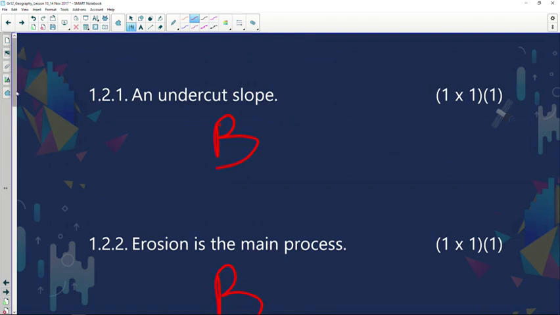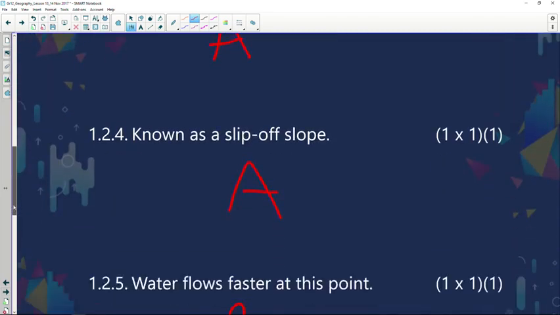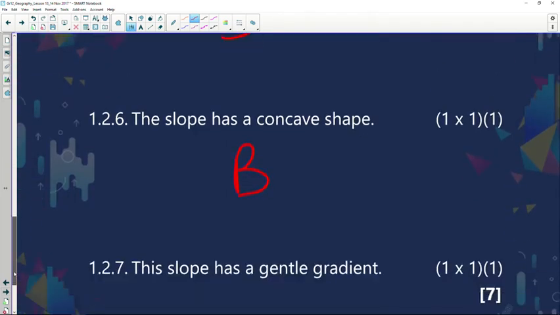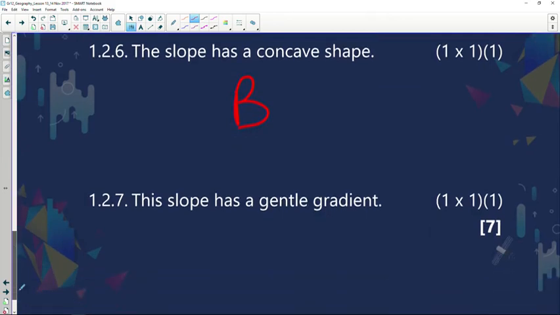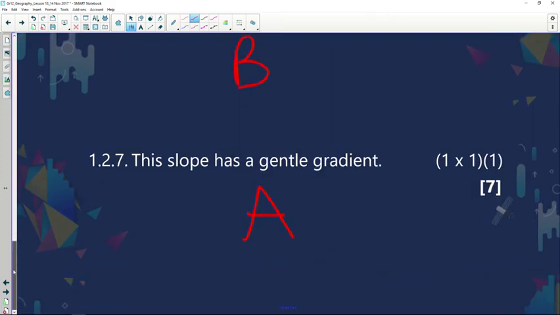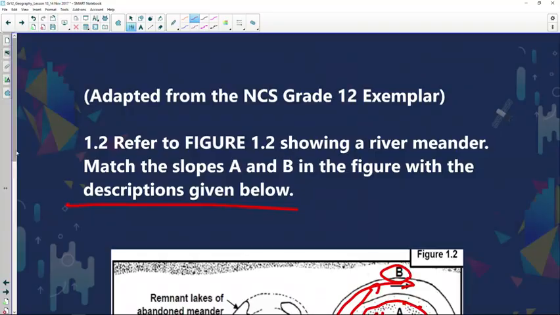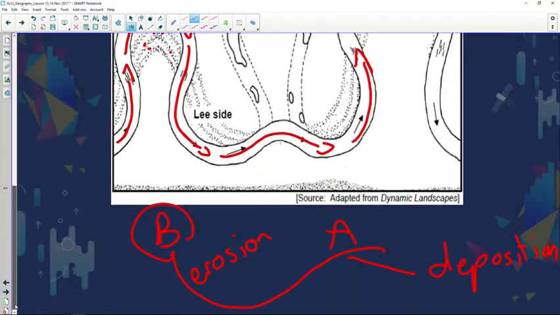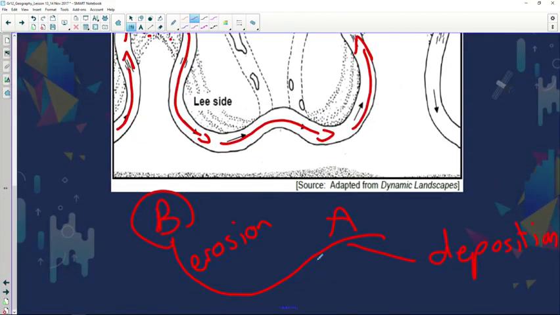Now if you look at our final question, the slope is a gentle gradient, like I've shown you before, is definitely where the deposition has taken place, and that is slope number A. If we quickly go back, you can see the riverbed is much more shallow because of the deposition taking place.